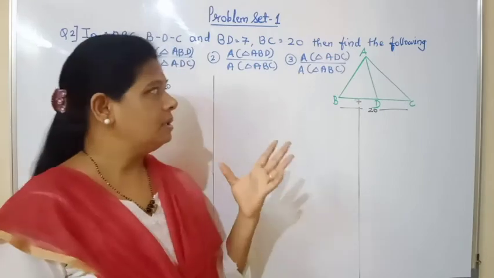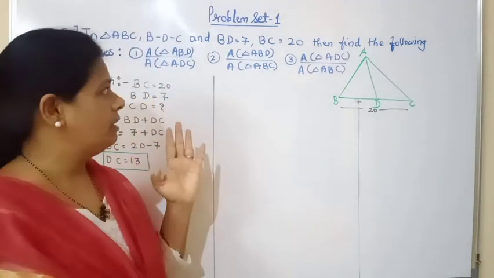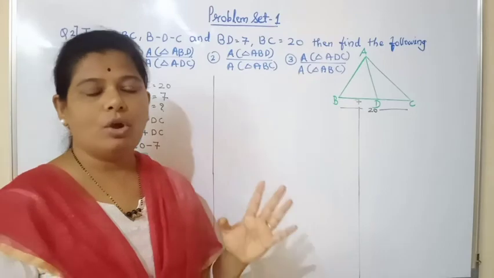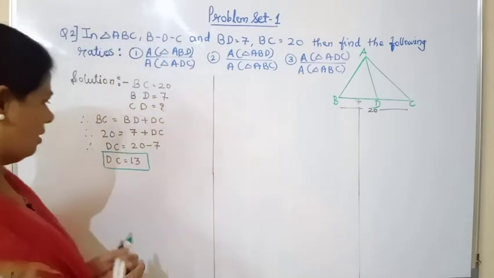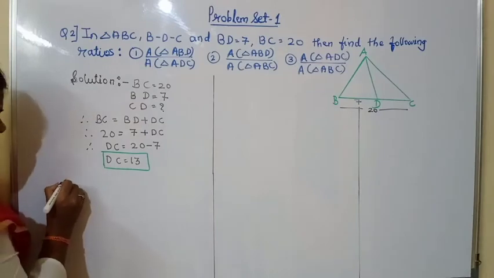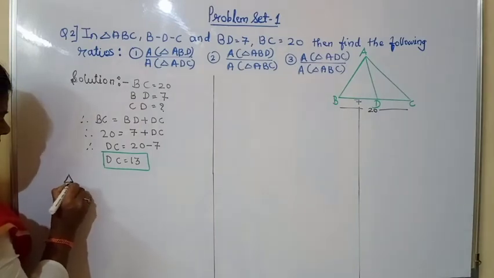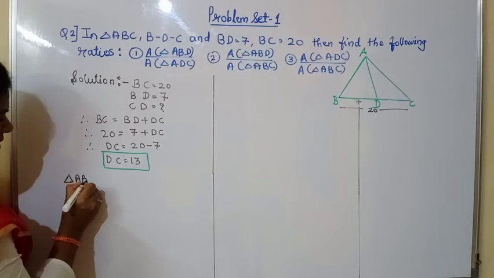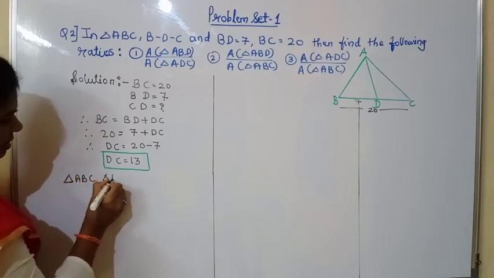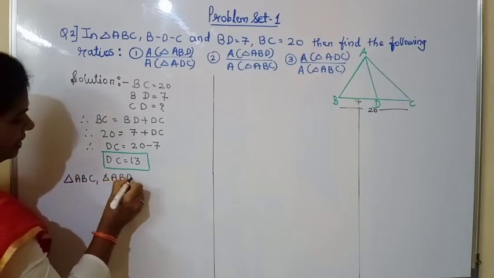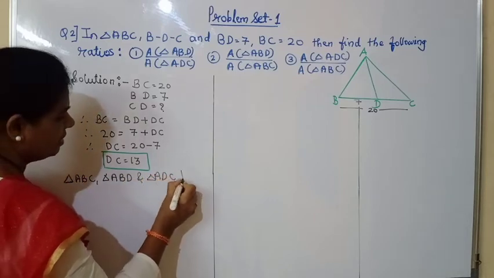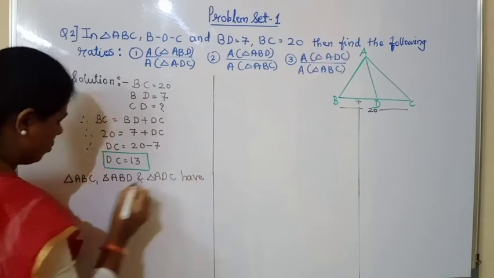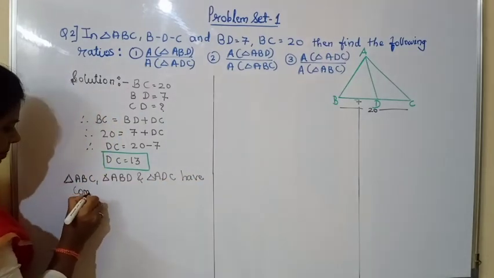Now the triangles ABC, ADC and ABD, all these three triangles have the common vertex A. So we'll write here: triangle ABC, triangle ABD and triangle ADC have common vertex A.